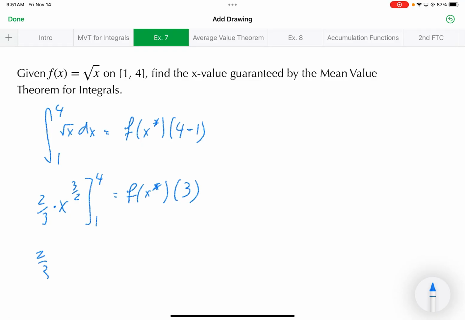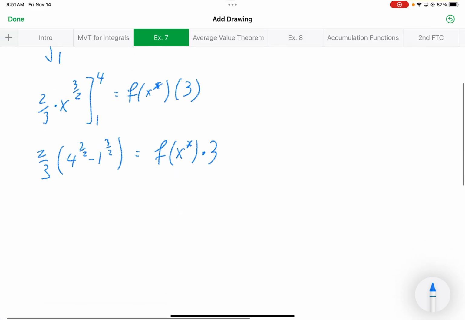All right, so 2/3, and then we're going to do 4 to the 3/2 minus 1 to the 3/2 times 3. Might as well drag that 3 over to the left side and make it 2/9.